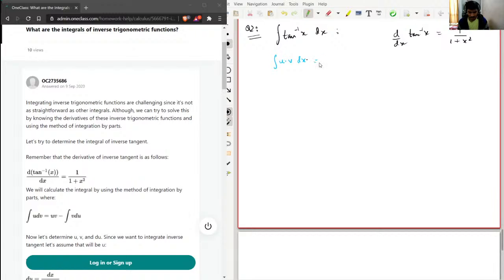For going with integration by parts, we take one term and take it outside.